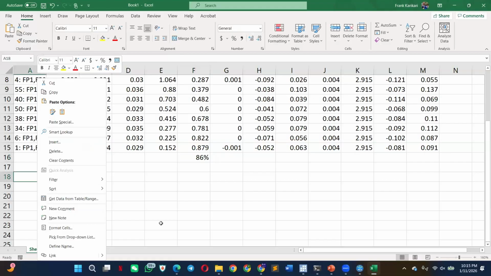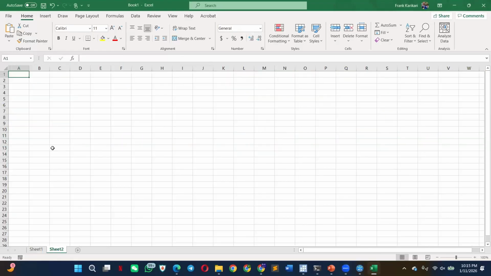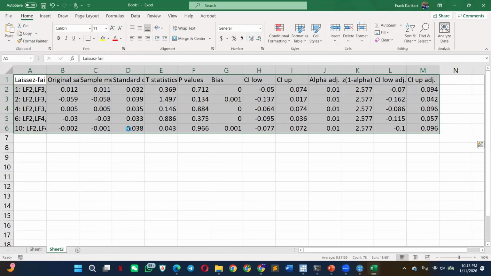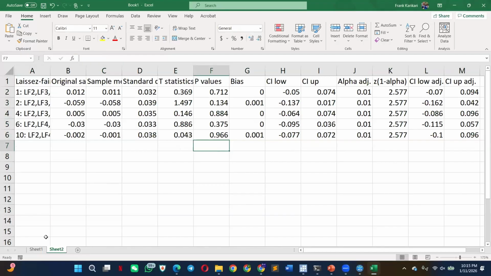Let me do that in a different sheet. So the p-values are this one.